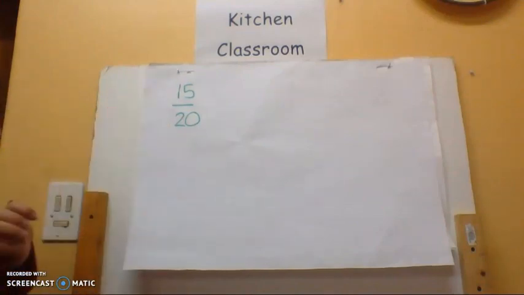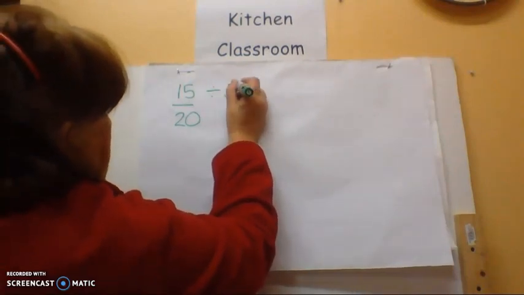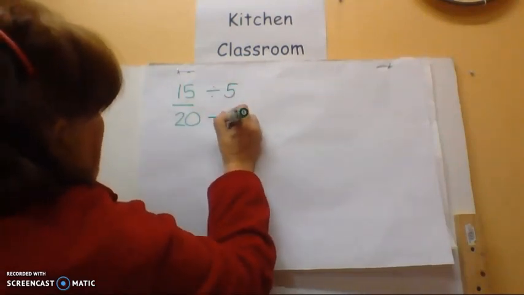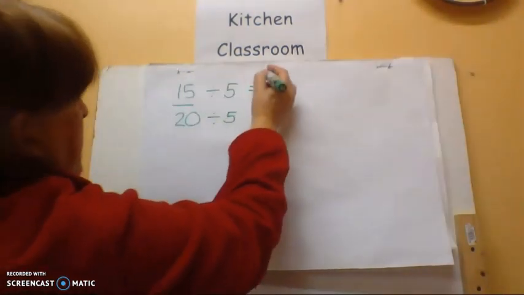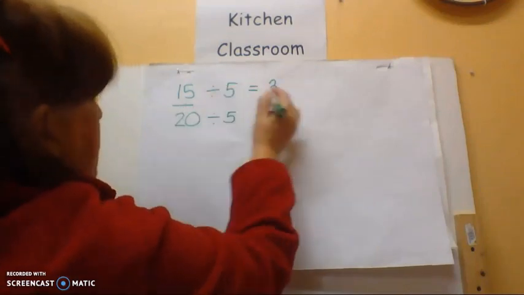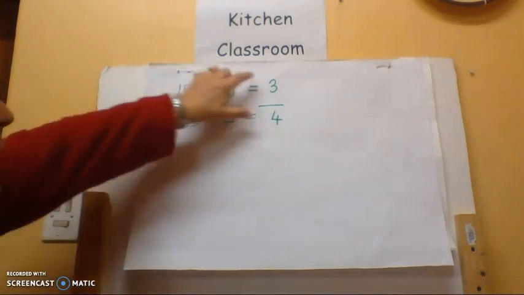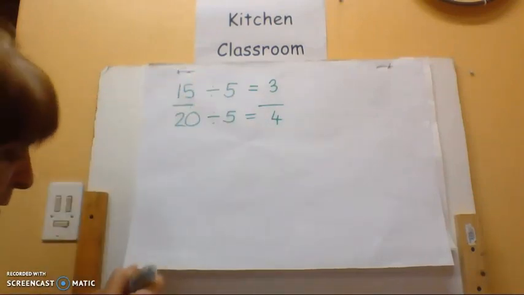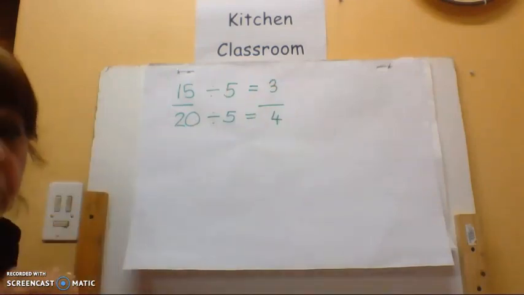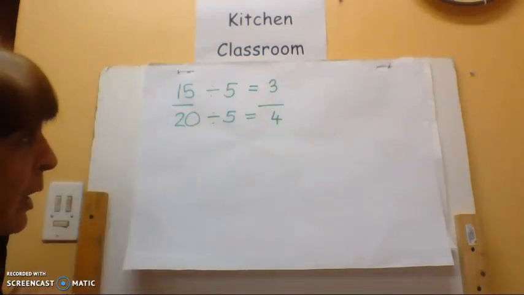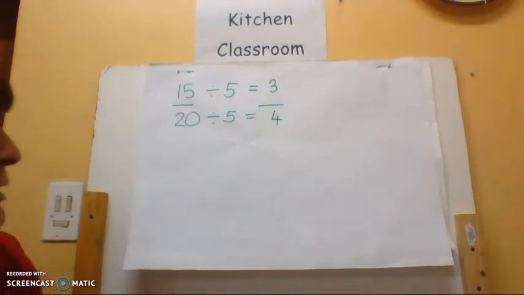So, it stands to reason that if I divide the numerator and the denominator by 5, I can reduce it. 15 divided by 5 is 3, 20 divided by 5 is 4. So 15/20 and 3/4 mean exactly the same. Now, 3/4 cannot be reduced any further. And I'm going to do one more and then I'll show you just a little secret.